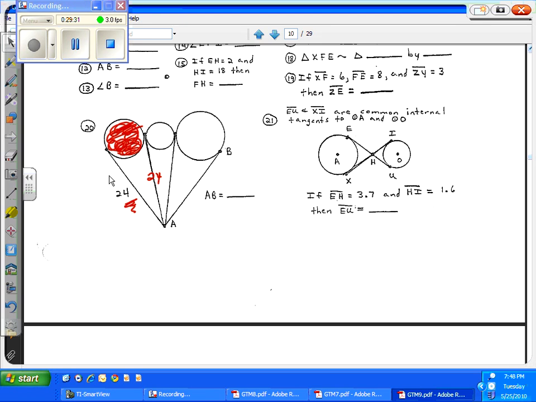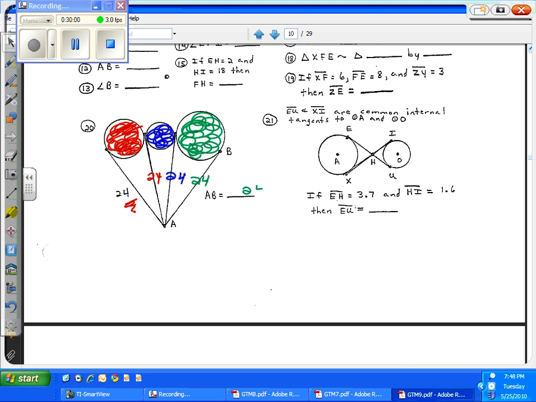Kind of call that the snow cone effect. Well, the same thing here. This is also 24 because those are both tangents, and tangents to a circle from a point outside are equal. And if that's 24, then this is 24 because we've got two tangents to this circle, and tangents to a circle from a point outside are equal.